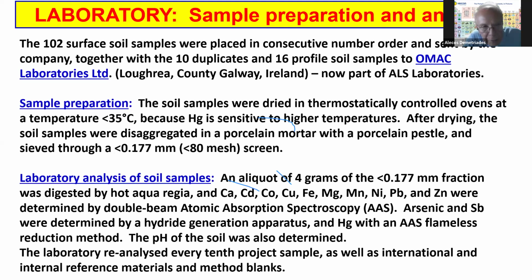Arsenic and antimony were determined by hydride generation apparatus, and mercury with an AAS flameless reduction method. The pH of the soil was also determined. The laboratory analyzed every 10th project sample as well as international and internal reference materials and method blanks.